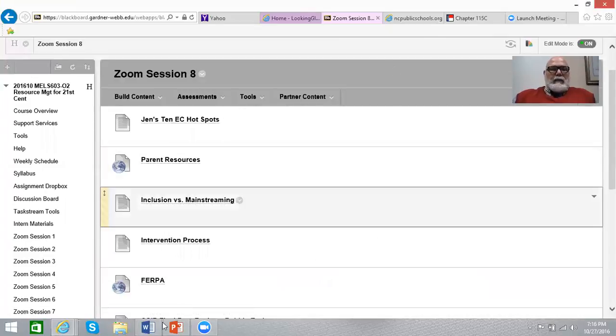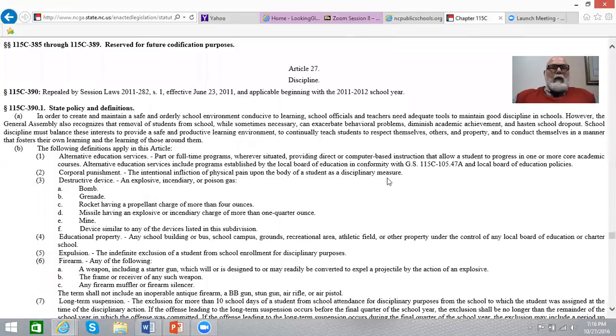All right. I have pulled up this from 115C, North Carolina General Statutes, all the public school laws of North Carolina. I pulled up 390 and 391 that speaks to discipline.